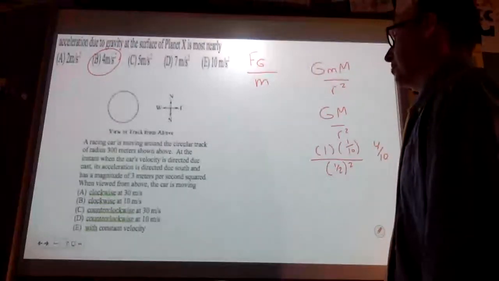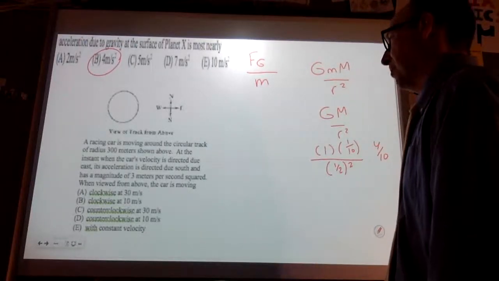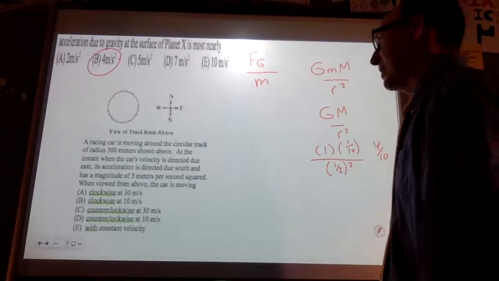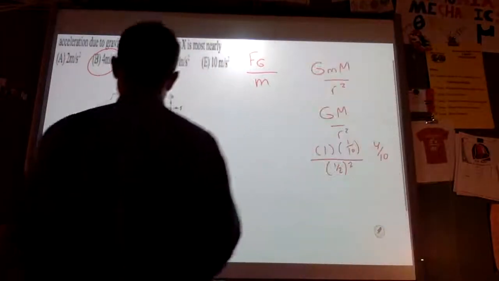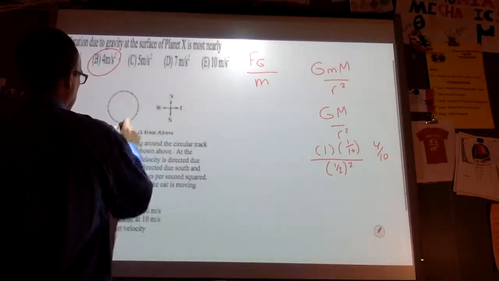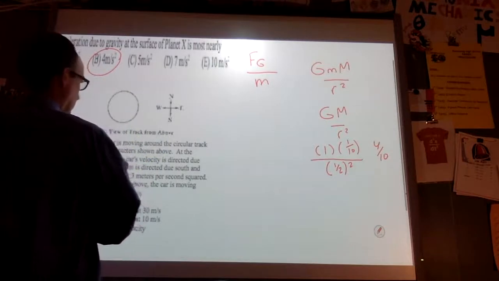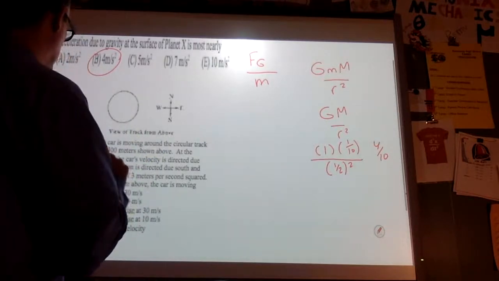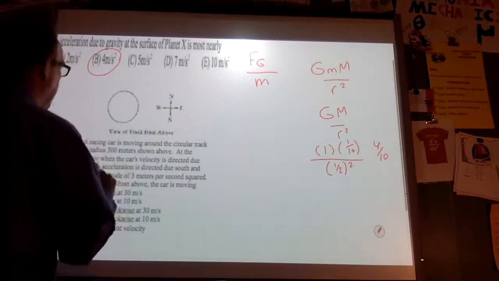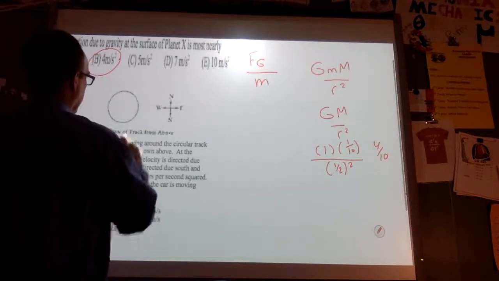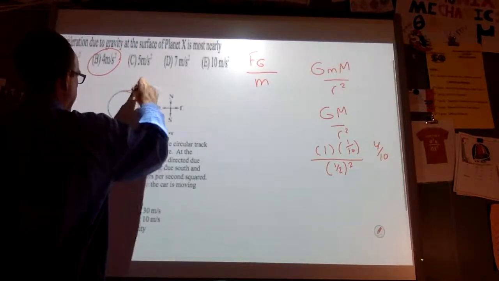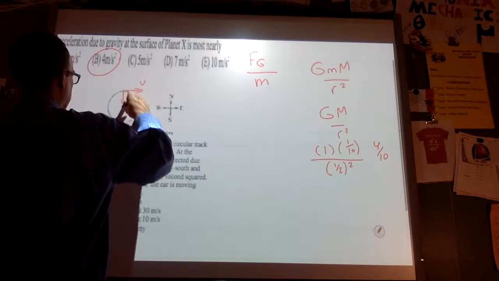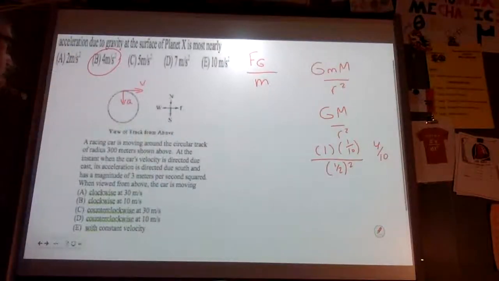A race car is moving around a circular track of radius 300 meters as shown above. At the instant when the car's velocity is directed due east, its acceleration is south. So when it is east, its acceleration is south.